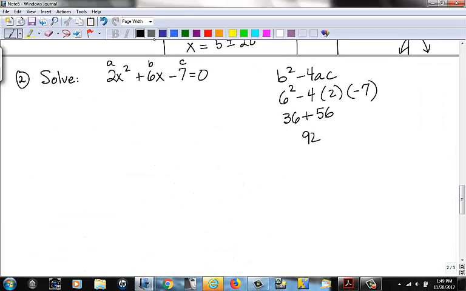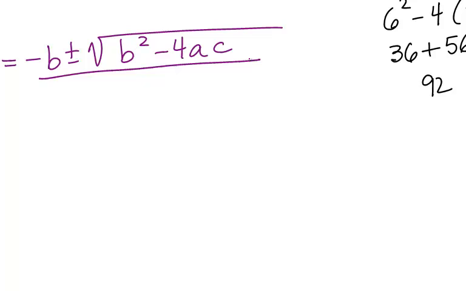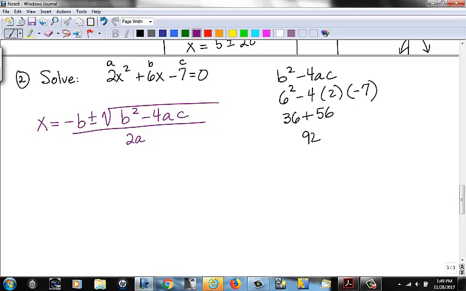Write the formula down. If I can do one thing, this would be it. Sub in. I would rather you sub in, because that way if you made a mistake, you might be able to find it. So x equals, the opposite of b would be negative 6.